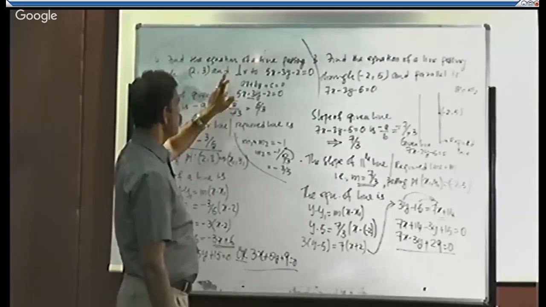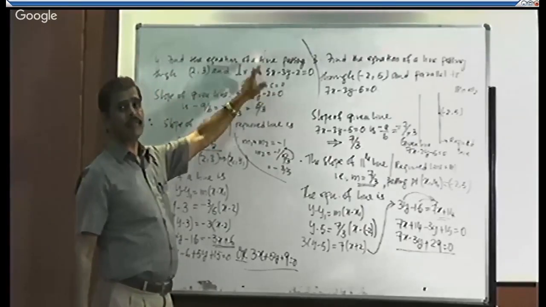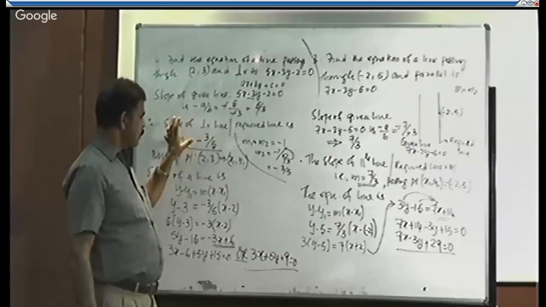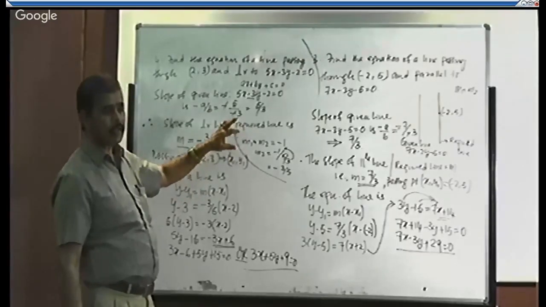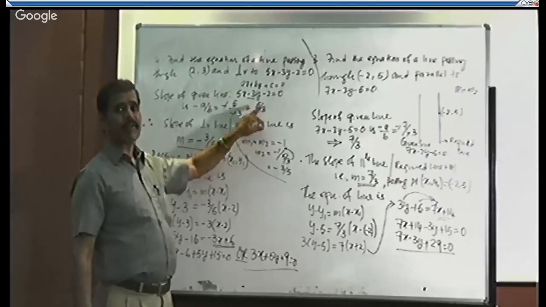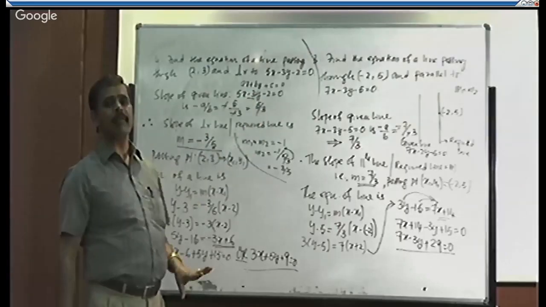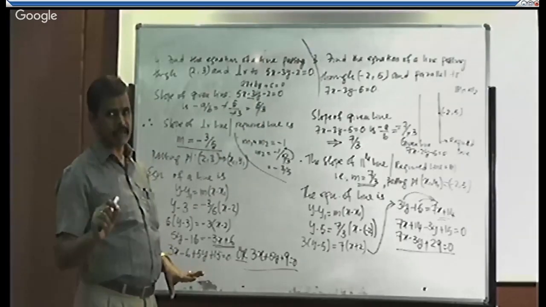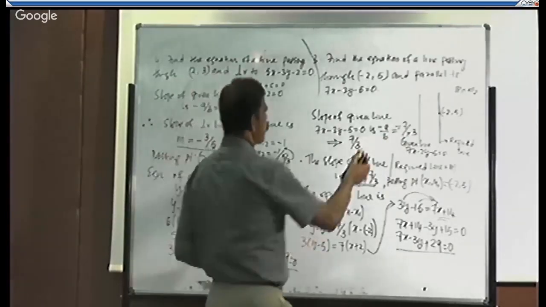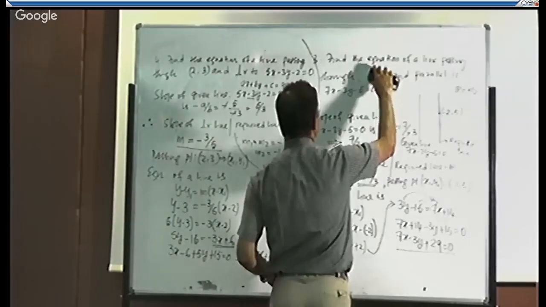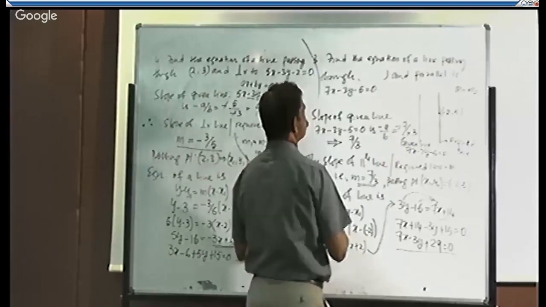For the perpendicular condition, take the slope of the given line and convert it into the perpendicular slope. How to convert it? Reverse the numerator and denominator and change the sign. Okay. For the same type of question, if they give it like this, what to do?